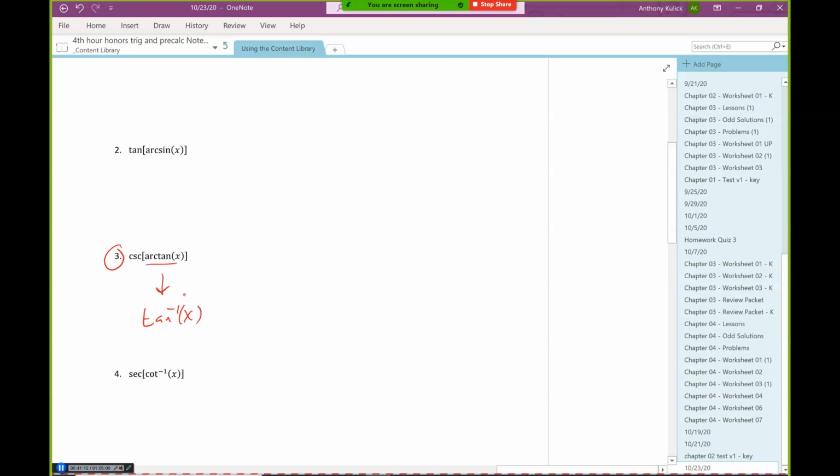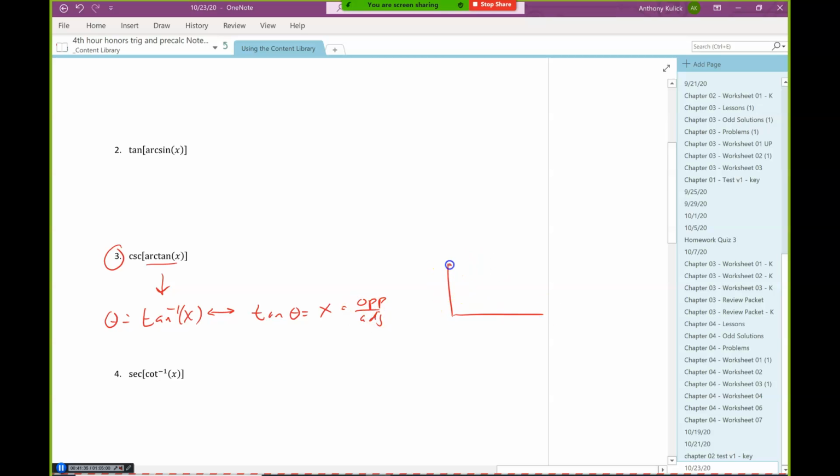And I remember that tangent is really opposite over adjacent. So if I draw a right triangle with this as theta, the opposite side would be x, and the adjacent side would be 1. Okay with that?